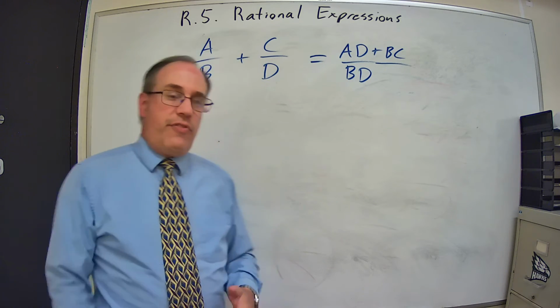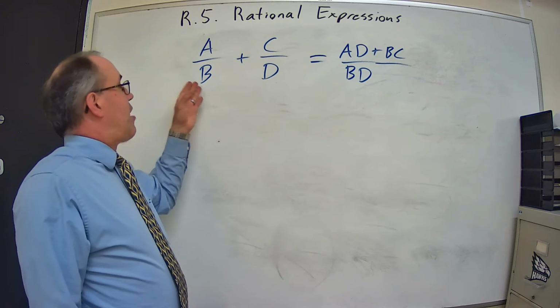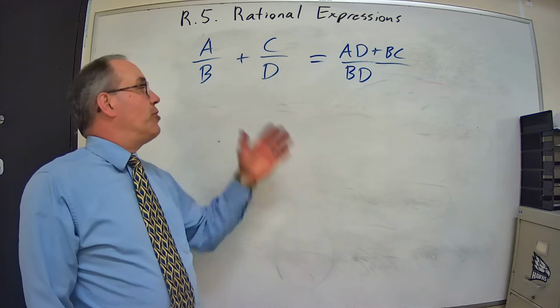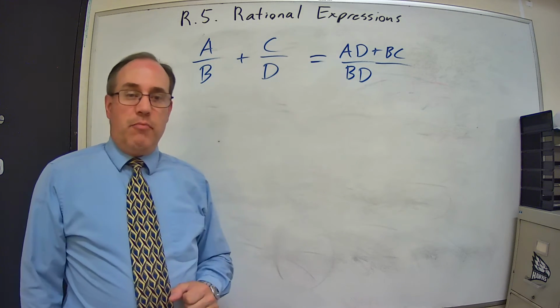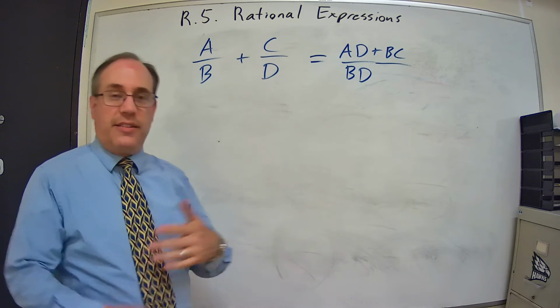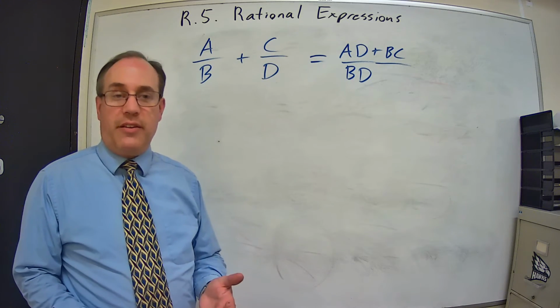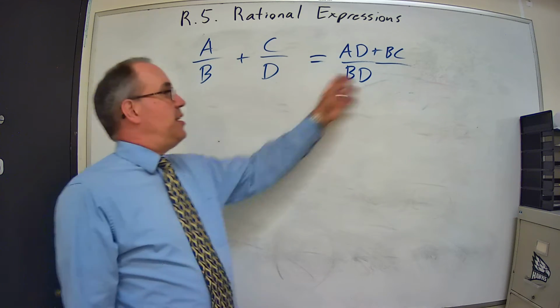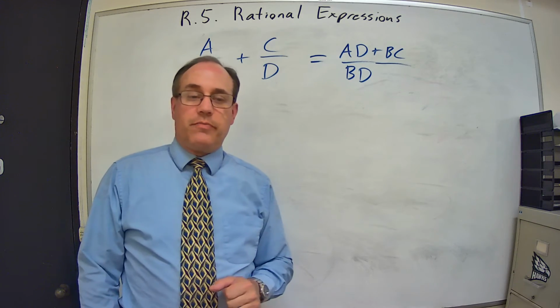Obviously, if there's a common factor in B and D, then you don't need to multiply them together. We can kind of simplify beforehand. Or if they're the same value, then obviously we can just put it there.